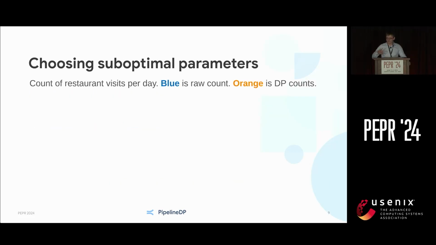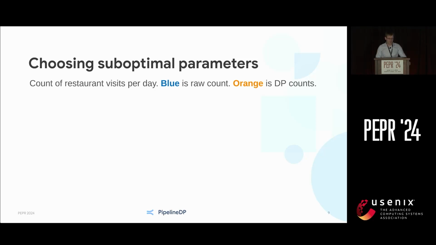So that way we introduced 2 hyperparameters. And if we'd like to compute counts the proper way with differential privacy, we need to somehow choose them. And of course, we'd like to choose them so that the DP output would be close to the actual output.